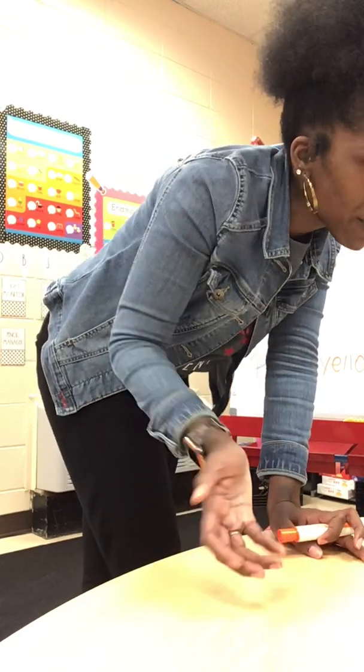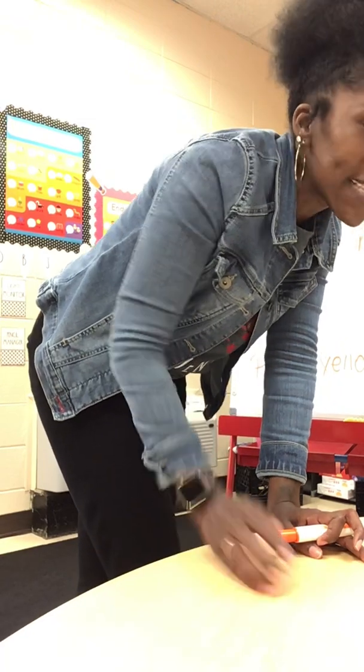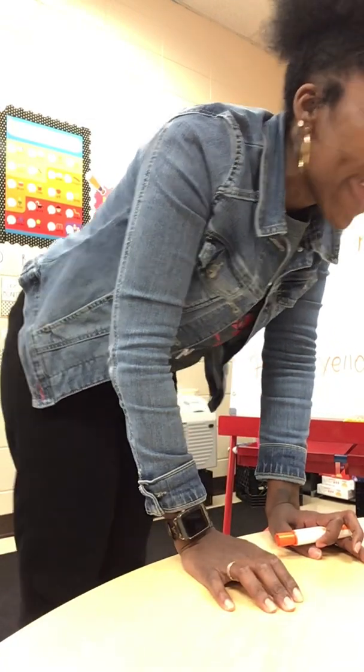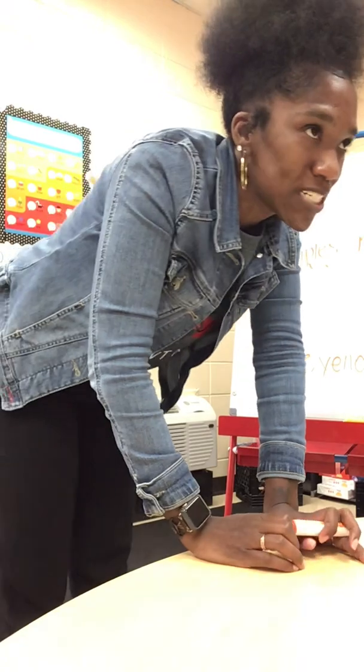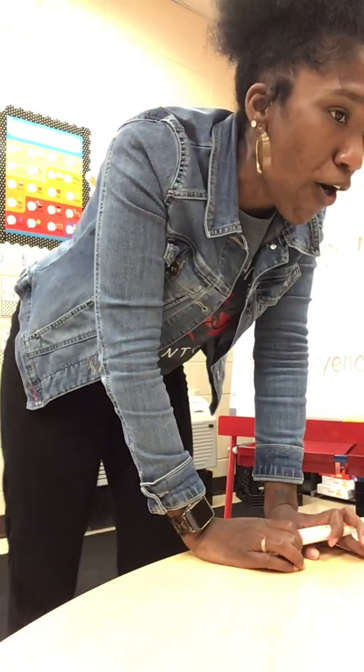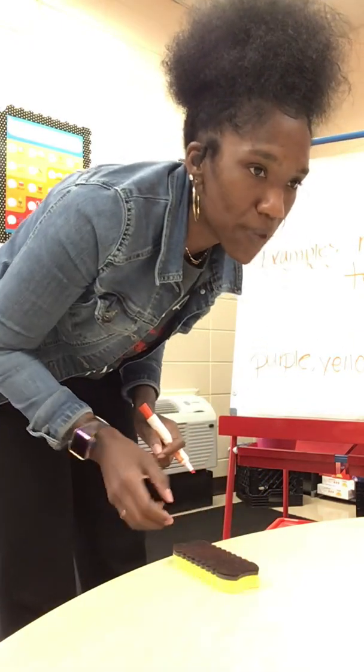Tall. Isn't that a way you can describe him? That's an adjective. So if someone was to ask you, hey, Ryan, what does your dad look like? You can say he's tall, he has sort of blonde hair. Those are all descriptive words. So we're going to put tall there. All right, and next we have Callie.